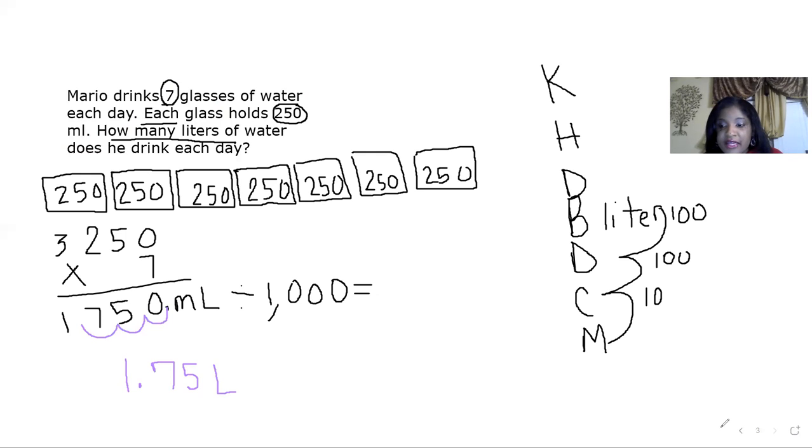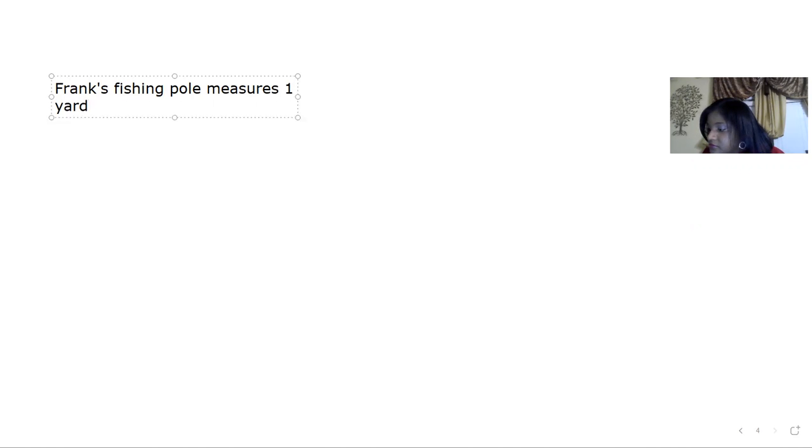All right, we have one last one. Frank's fishing pole measures 1 yard, 1 foot, 6 inches.